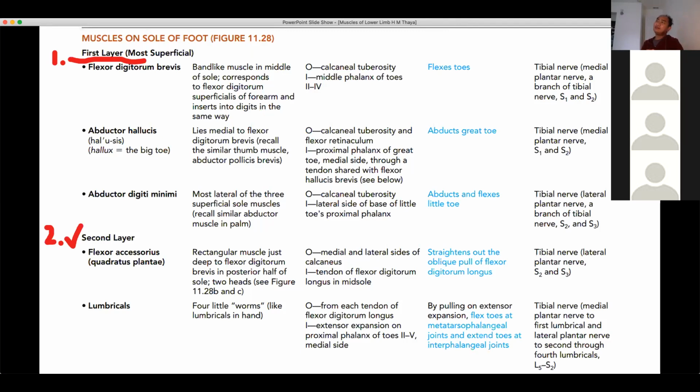But in reality, it would be nice to know the muscles on the sole of the foot, so that we appreciate our feet and know what is inside, what muscles are inside our feet. There are lots and lots of muscles in our feet.